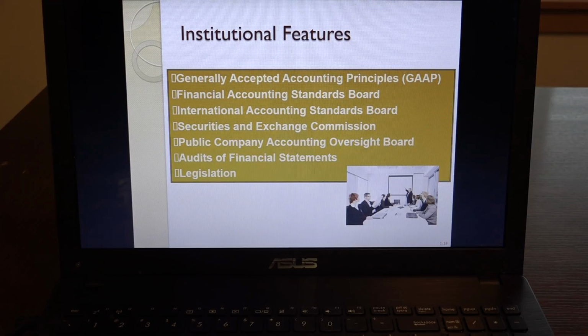They take a lot of commentary from accounting professionals and other professional accounting organizations. If there's a proposed principle out there, they get a lot of comments on it before deciding to adopt a certain measure.